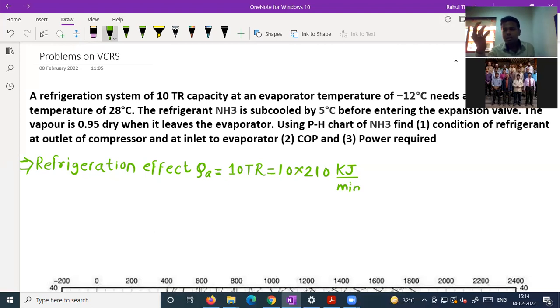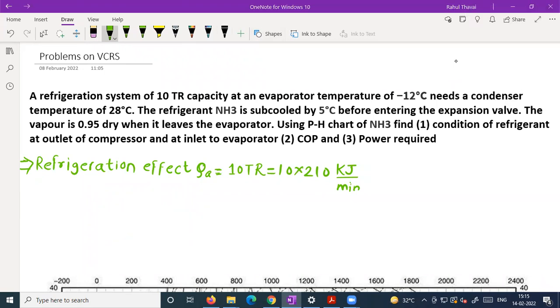One is a compressor, second is a condenser, followed by the capillary tube, and finally the evaporator. So compressor, condenser, capillary tube, and evaporator are the components which belong to the vapor compression refrigeration system.